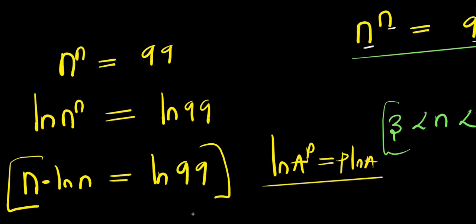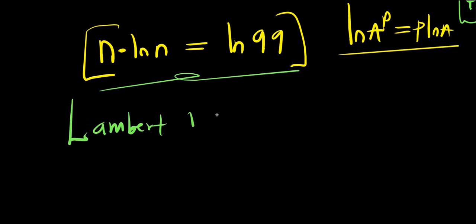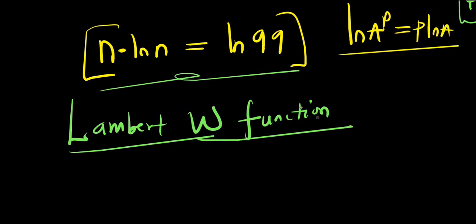So how do we proceed from here? We can make use of this particular function called the Olympiad-level function. Now, this function here will help us to get this particular value of n.